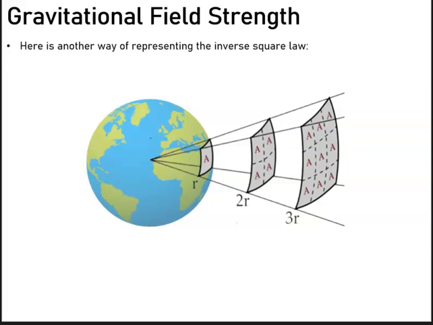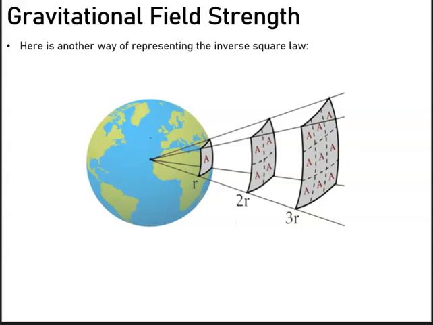If you have a bit of light shining from this point right here, the farther it gets, the more surface area it has to cover with the same amount of light, and the farther away, it gets even bigger and bigger according to the square of the distance. So we only have one block at a distance r. Now it's 4 blocks at 2r and 9 blocks when we get to 3r.